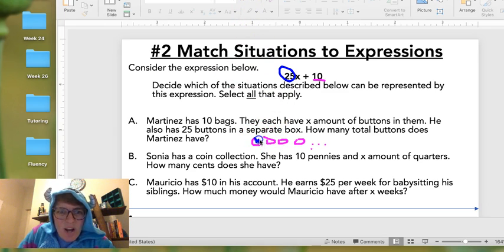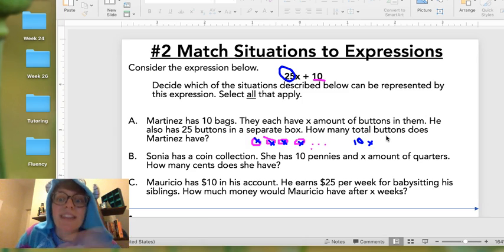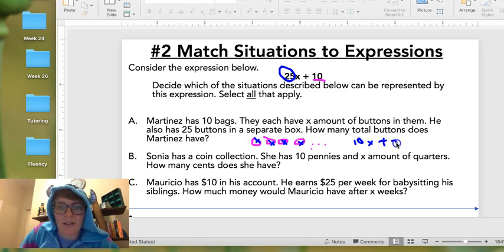Then it says he also has 25 more in a separate box. When I think about that, the 10 is timesing by the X because the X is in each of those 10. So this one is telling me 10X. Then it's saying I have 25 in a separate box. Those are just alone. That's like a constant. So that's going to be adding 25.